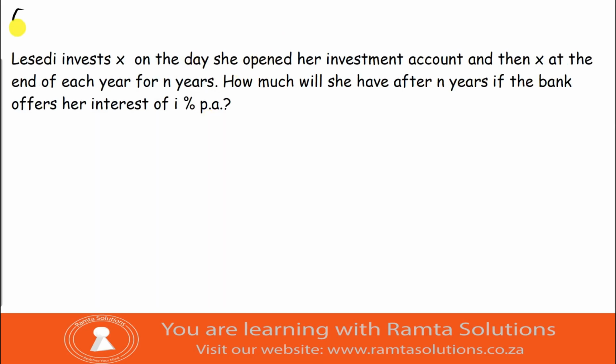So generally, if we take that case as it is, Lesedi is now any other person. Lesedi invests X on the day she opened her investment account, and then X at the end of each year for N years. How much will she have after N years if the bank offers her interest of i% per annum?